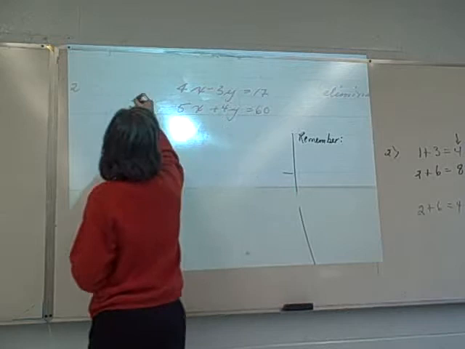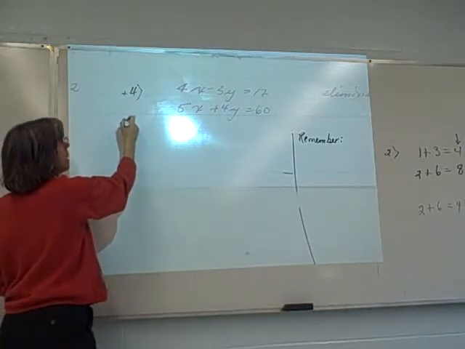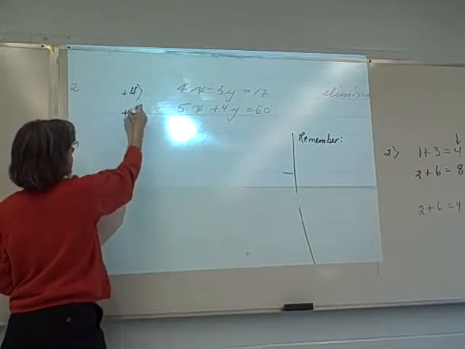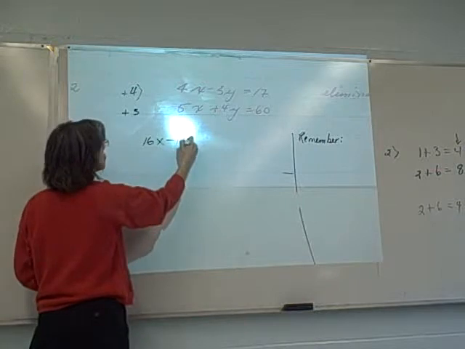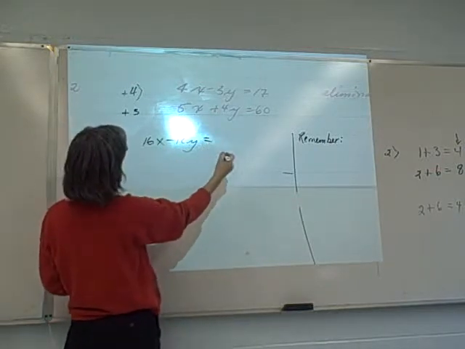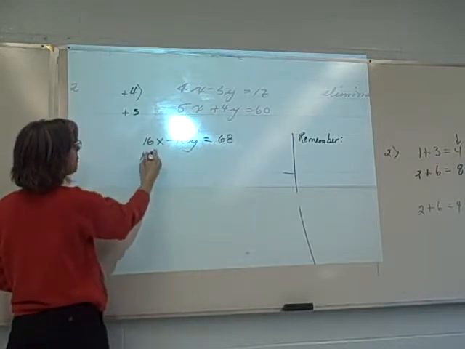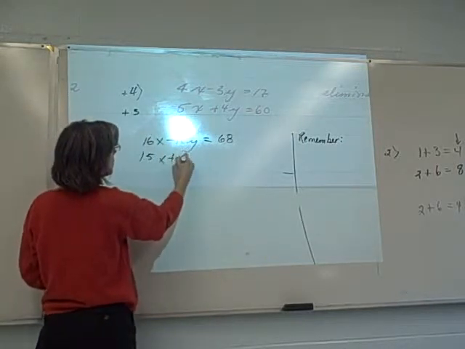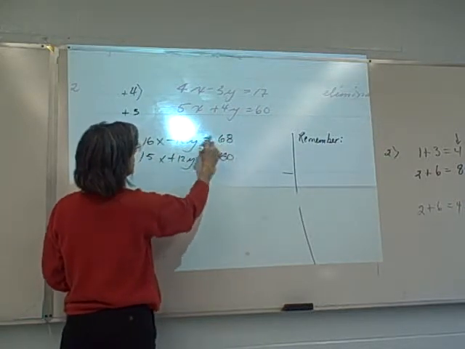If I multiply this one by a positive 4 and this one by a what? 3. By a positive? Yeah. Okay, so I'm going to have what? 16x minus 12y equals what? 68? And this is going to be 15x plus 12y is equal to 180.